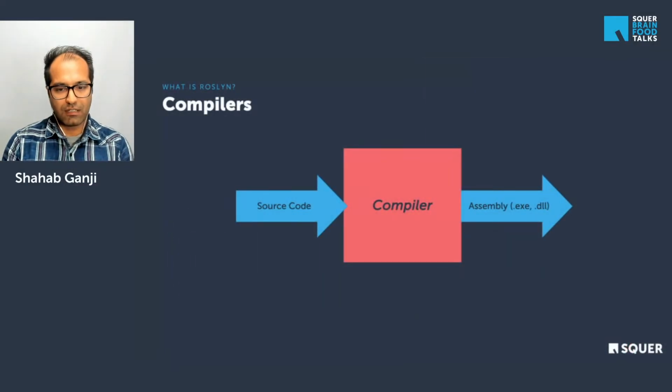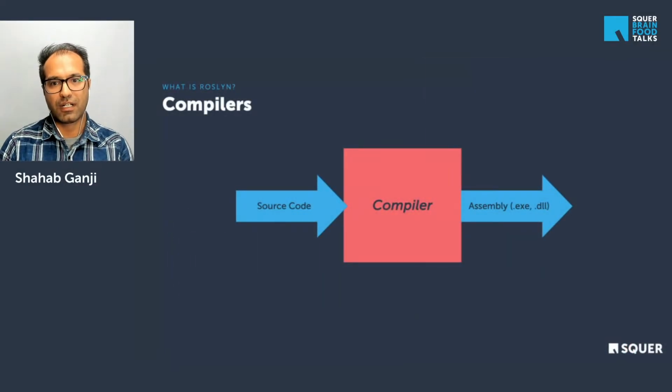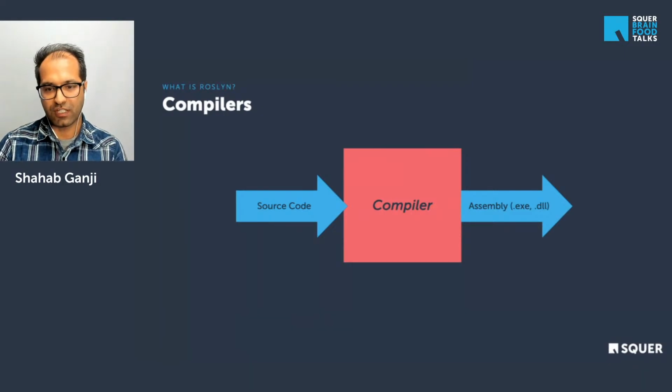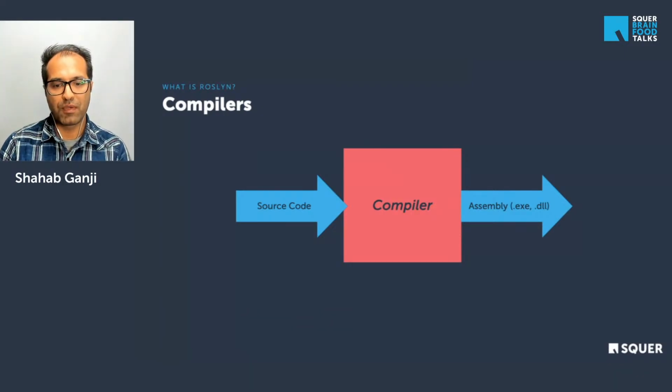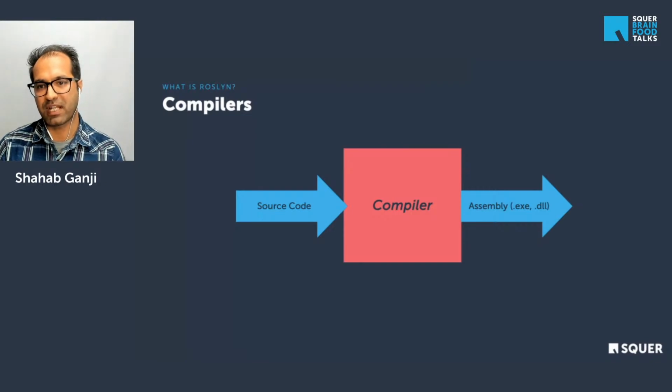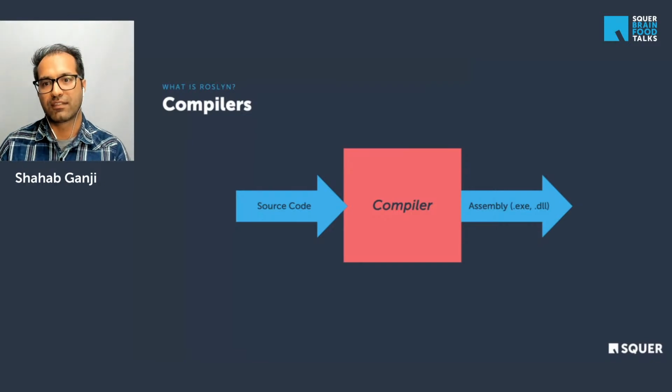Let's start. Compilers were a black box for a long time for developers, and how we were working with them was like we were providing them some source code, and we expected some files at the end to be an output of these compilers.